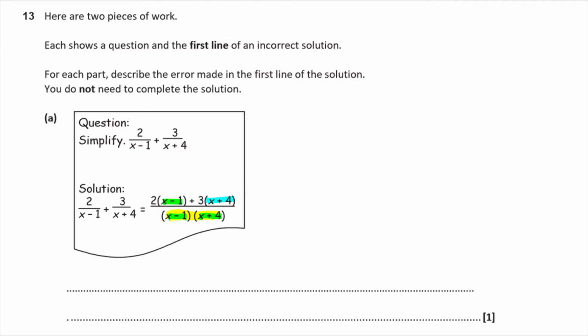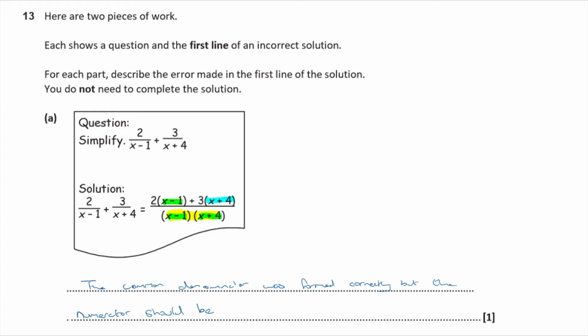So they've got them the wrong way around. Okay, so what's happened there is the common denominator was formed correctly, but the numerator, I think it might be easier just to write down what the numerator should be.